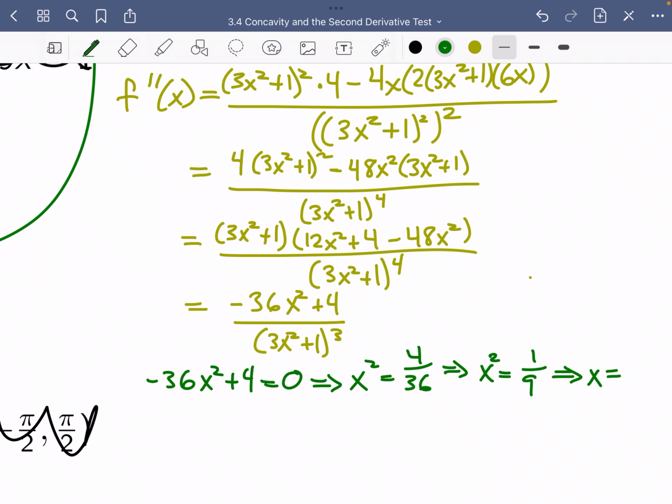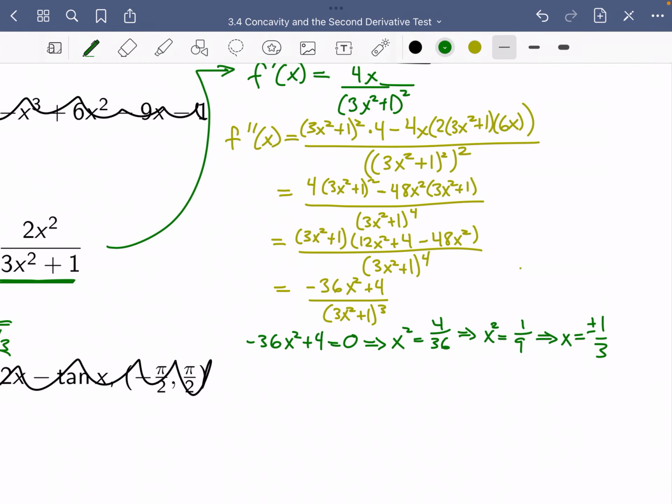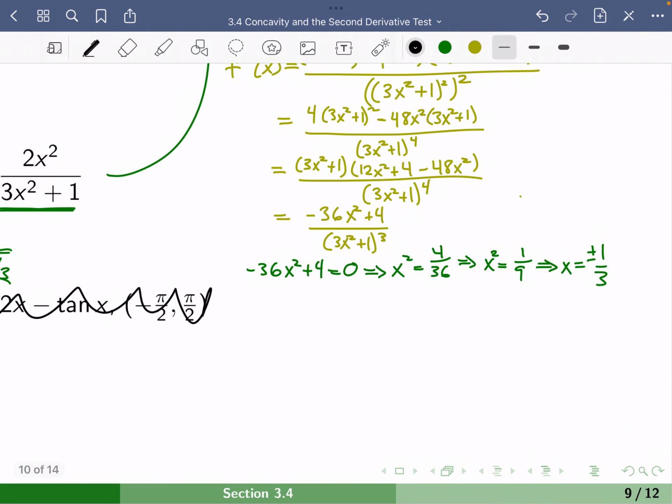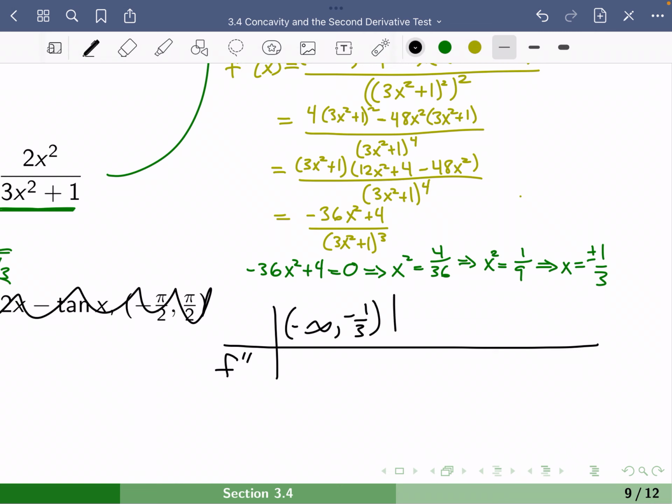So x is plus or minus 1/3. All right, so at plus and minus 1/3, those are potential changes in concavity. So we're going to do a sign chart for our second derivative, going from negative infinity up to negative 1/3. Go from negative 1/3 up to positive 1/3. And then from 1/3 to infinity.